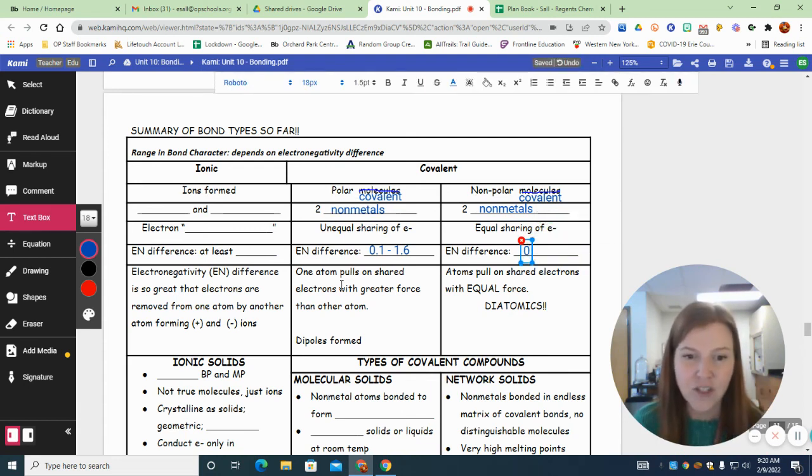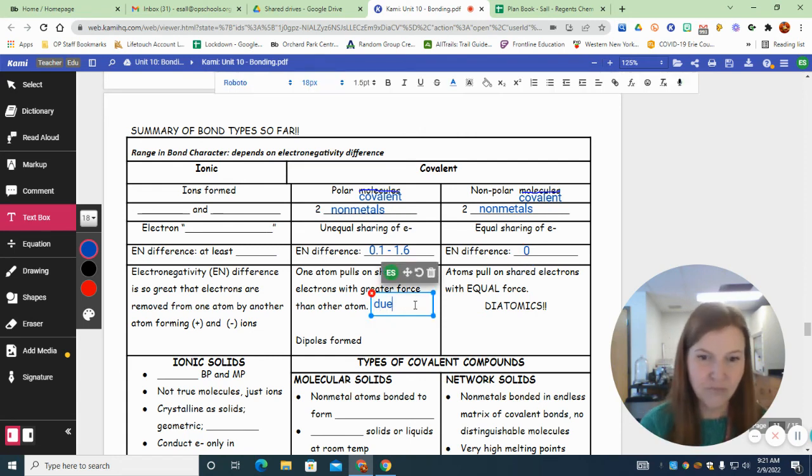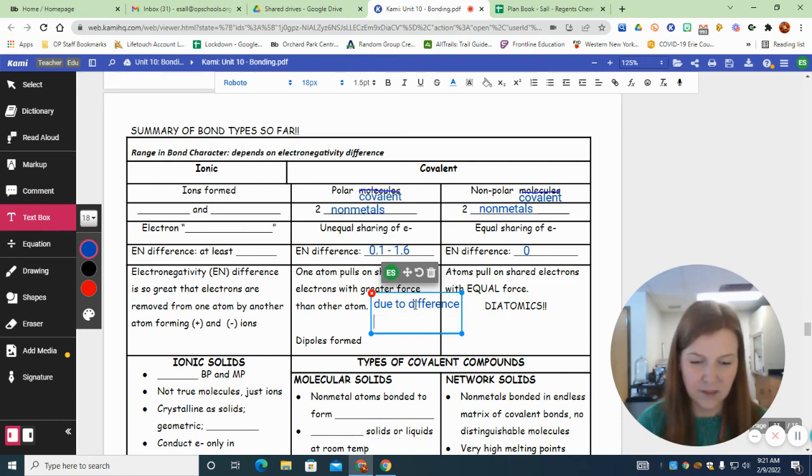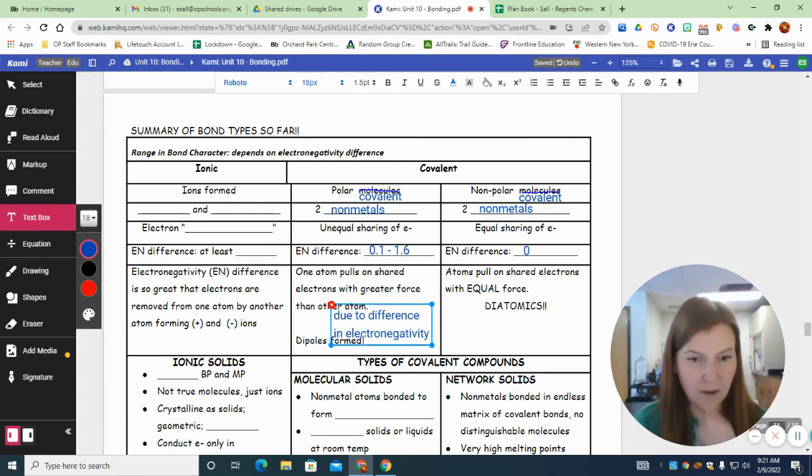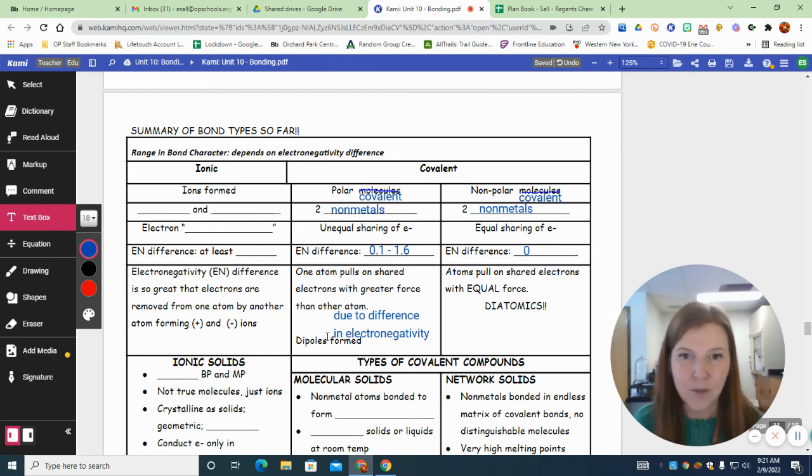So again, just kind of reviewing what's going on here. Polar covalent bonding, one atom pulls on the shared electrons with greater force than the other, due to a difference in electronegativity. And this results in what are known as dipoles being formed, molecules that have areas of positive charge and areas of negative charge.